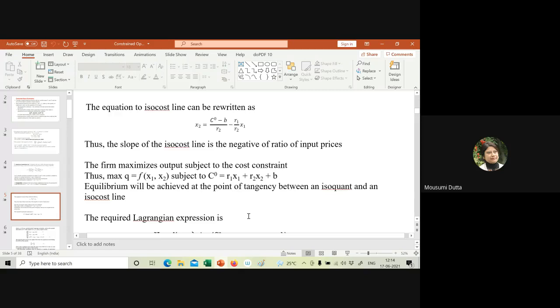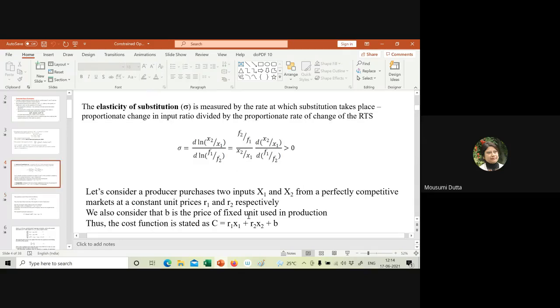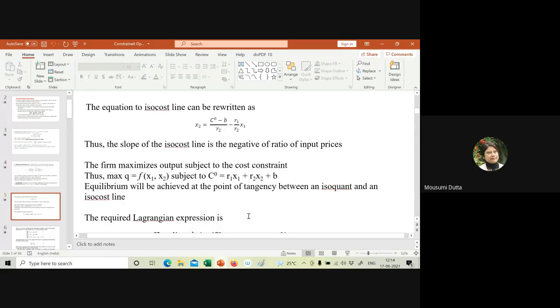If this is the cost function, the equation of the isocost line can be presented in this way. It is in the y is equal to mx plus c format. So this is the equation of the isocost line. The slope of the isocost line is the negative of the ratio of input prices.